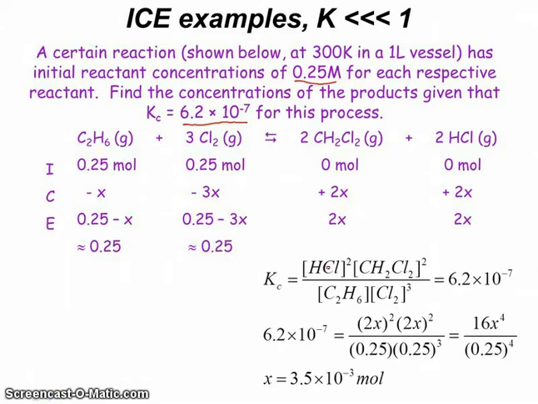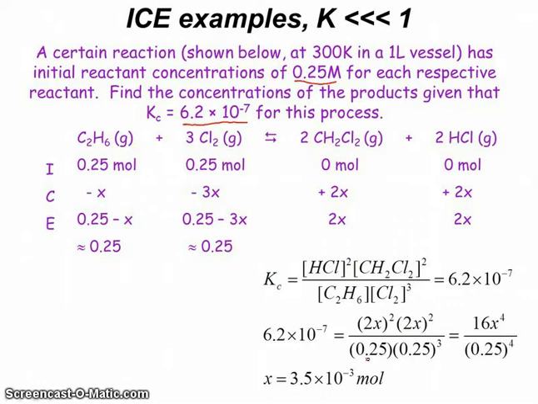With saying that, then my Kc value for this reaction takes the two products to their coefficients as powers, so that's squared for each, divided by the reactants to their powers, so first power for C2H6, cubed for Cl2, and we know that has to be equal to Kc, which is 6.2 times 10 to the minus 7. So now I actually start subbing in my equilibrium line here. I know that each of the products is 2x, so I've got 2x squared, 2x squared.